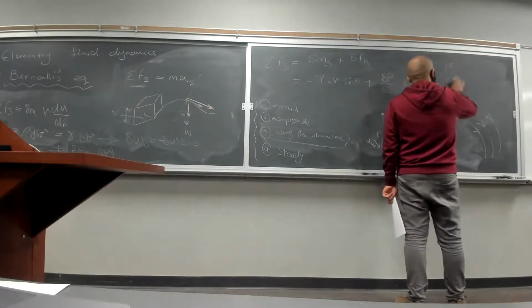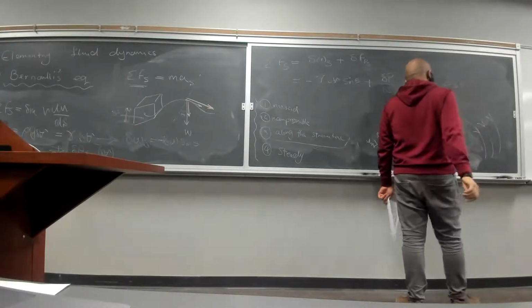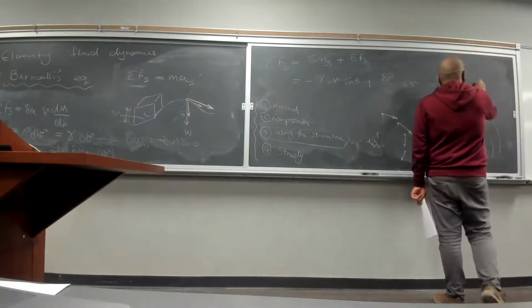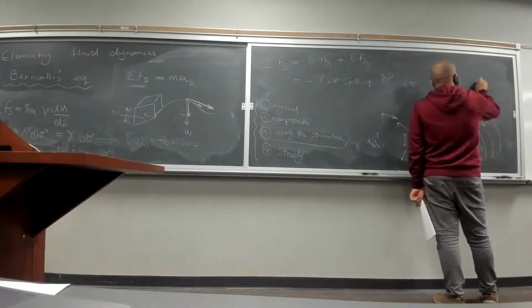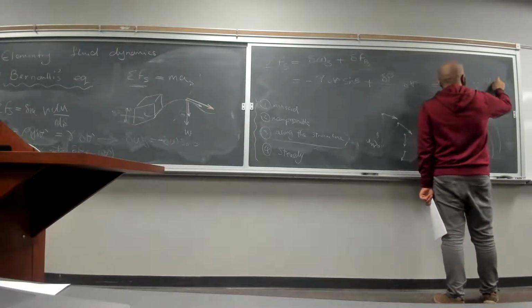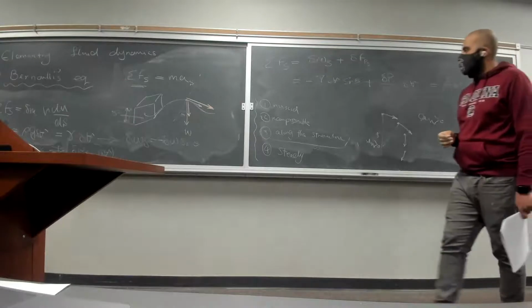So I'm going to replace m with rho delta volume, and the acceleration a_s, which was v dv/ds.